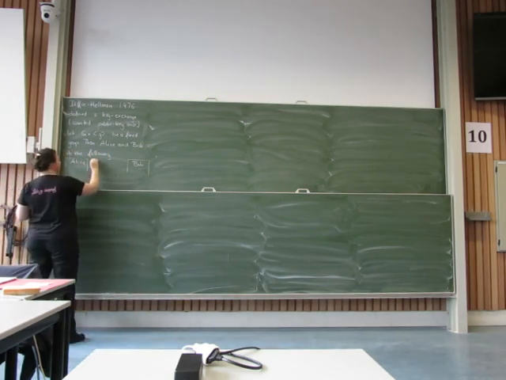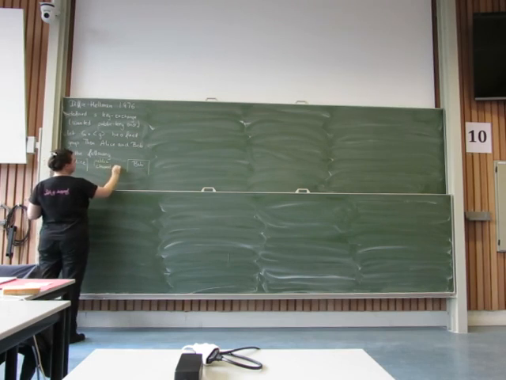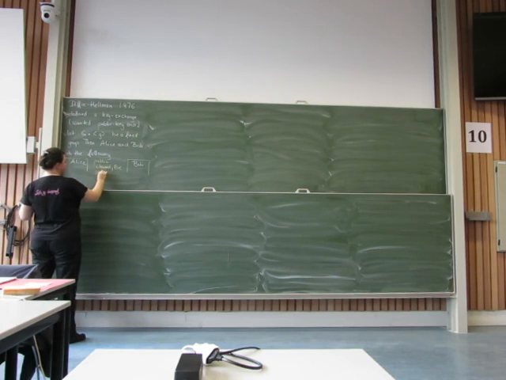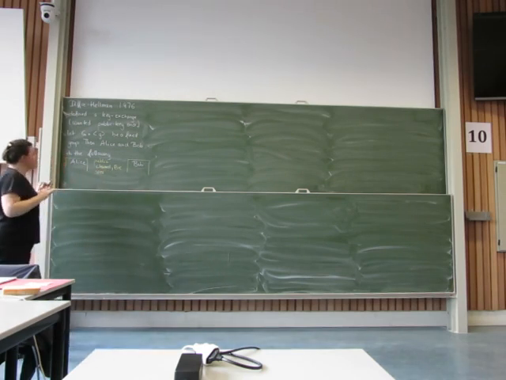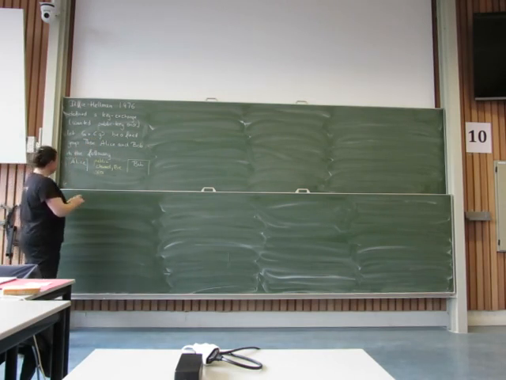And here in the middle we'll have a public channel where Eve sees everything. And now one of the things that Eve also sees is this generally known g. So everybody knows little g.